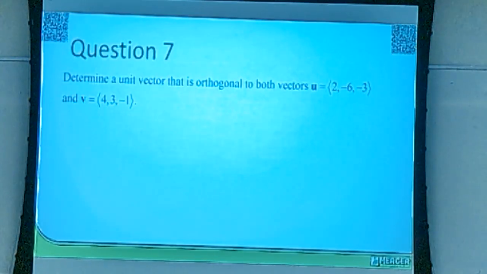Find a unit vector orthogonal to both u and v. In one way we can do it right now.